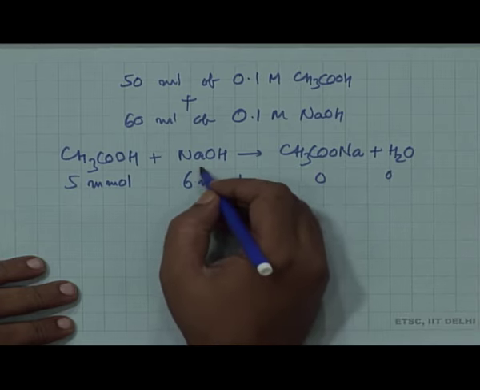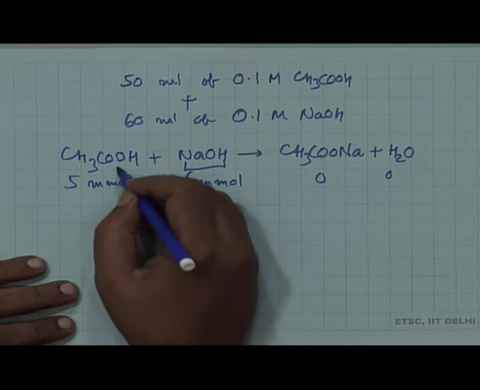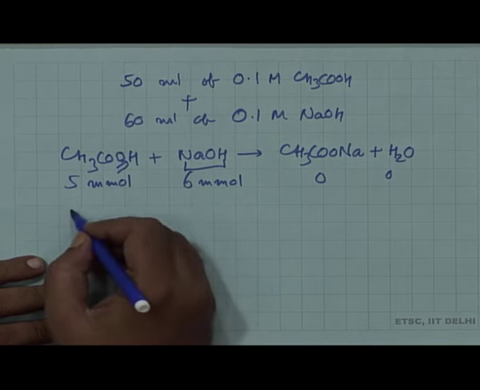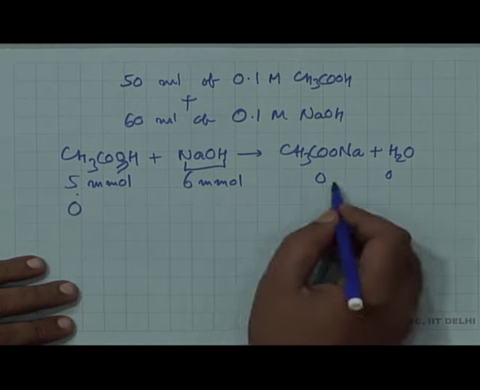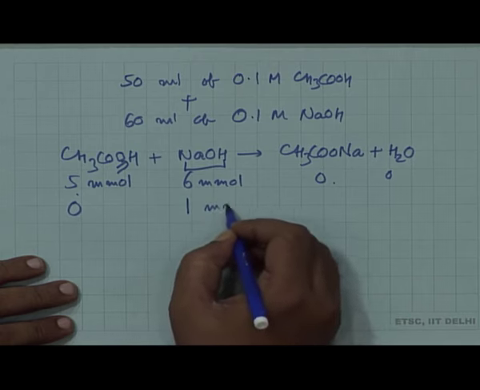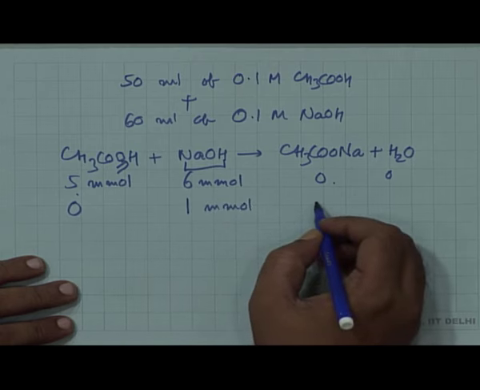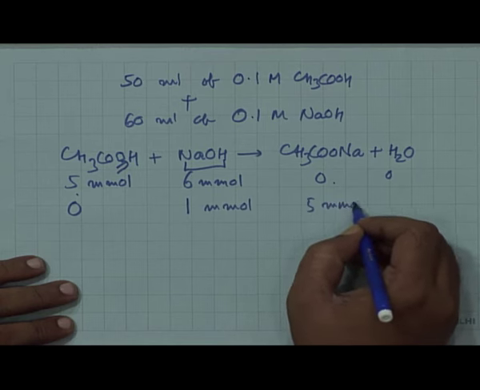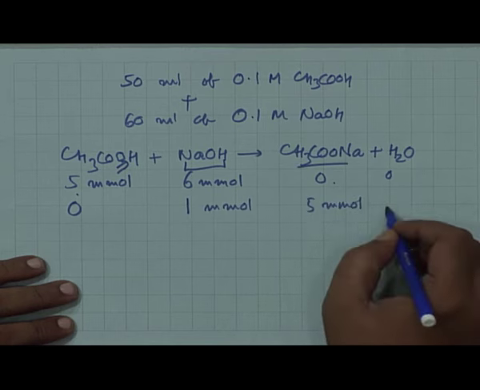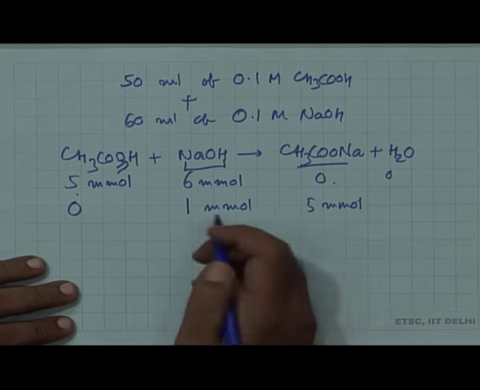Now, NaOH is no longer the limiting agent, acetic acid becomes the limiting agent, and this will totally go to salt. So, what is left is 1 millimole of NaOH and 5 millimole of sodium acetate plus water.